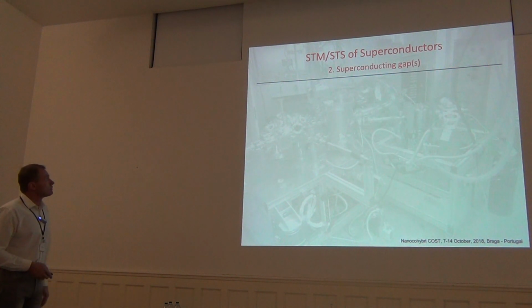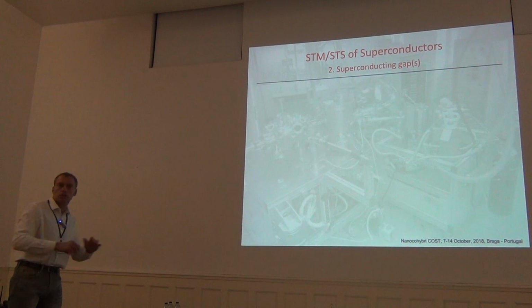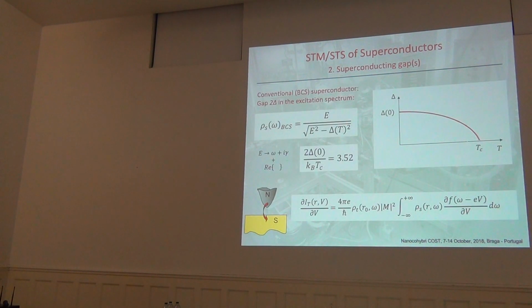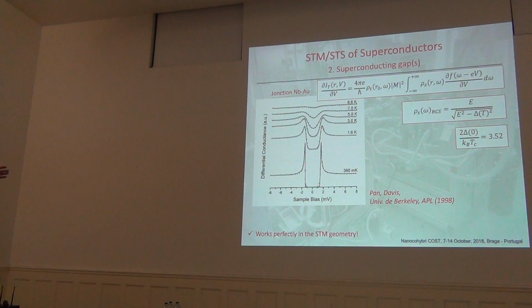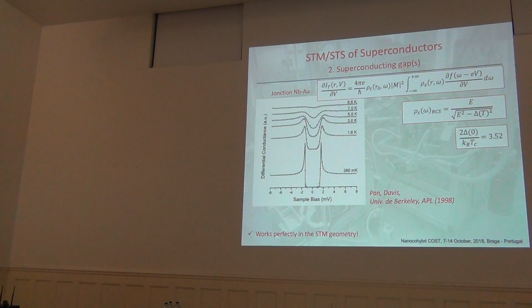Okay, now to finish this first part, I will just tell you about superconducting gaps. You already saw that STM, similarly to planar junctions, is able to measure the superconducting gap, and a nice example is this one. It was work by Pan and Davis. Pan was a PhD student of Séamus Davis at that time at Berkeley. And in 1998, they measured this nice result on a niobium-gold junction.